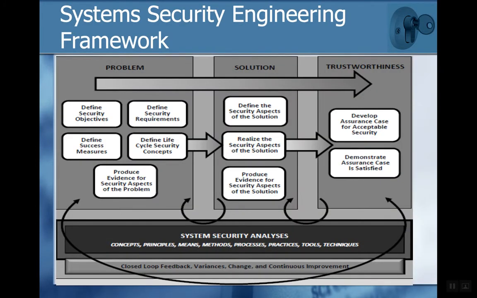This is really just another perspective of that, the idea of an architectural framework, an engineering framework, where you have a problem, a solution, and then ultimately an evaluation of the trustworthiness. The problem starts off with the definition of security objectives and requirements, your measurements of success.